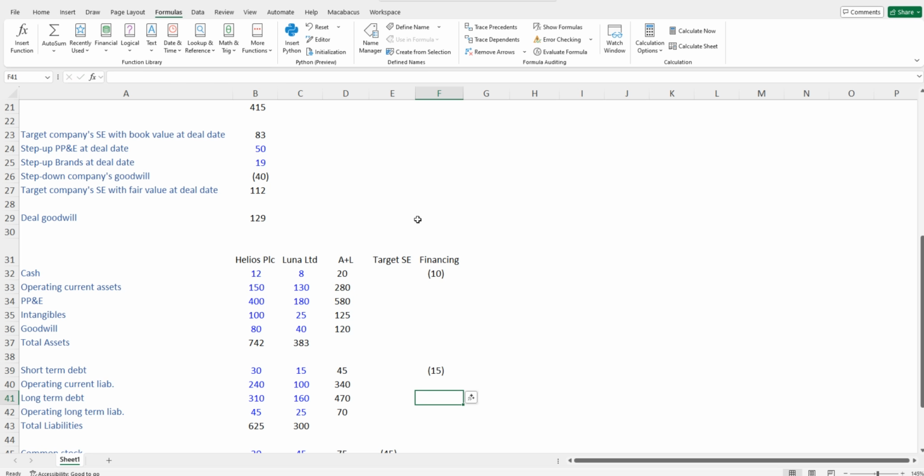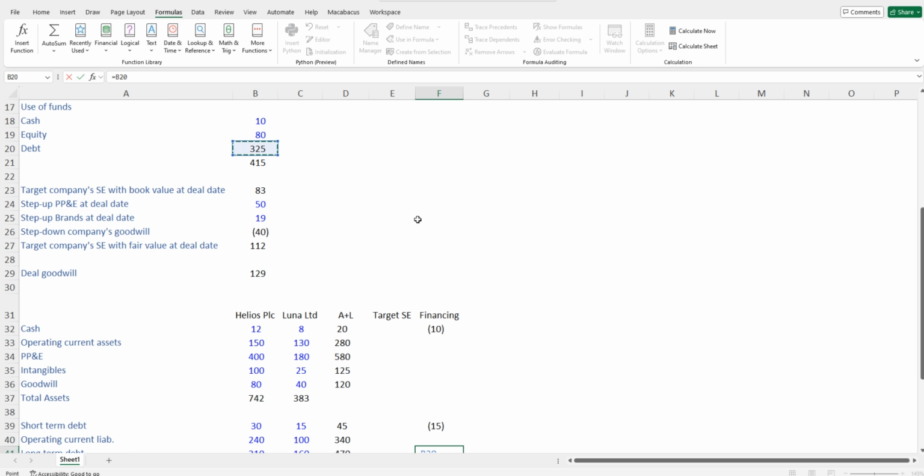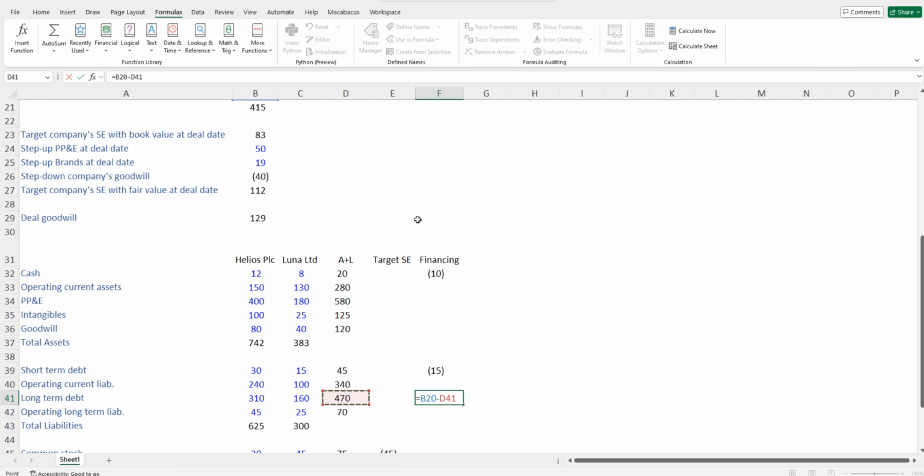For the long-term debt, there's another way to understand it more intuitively.